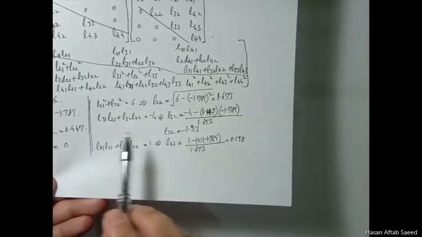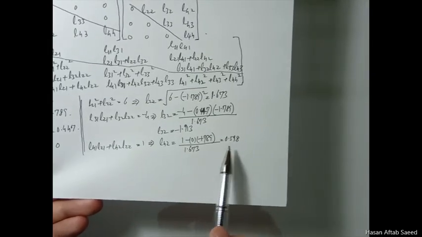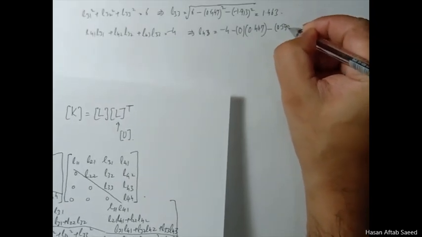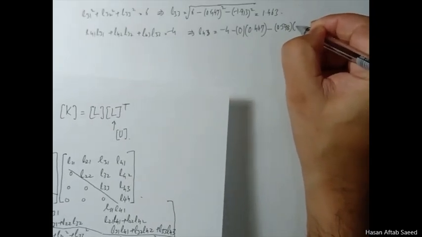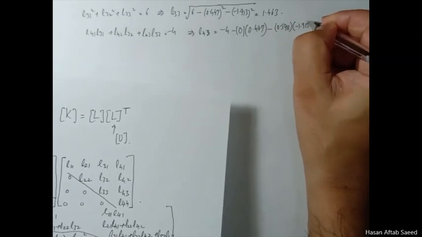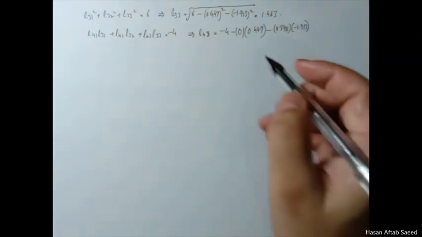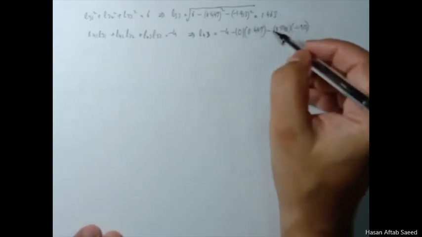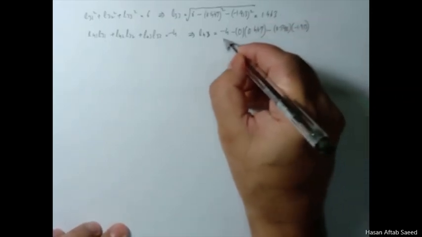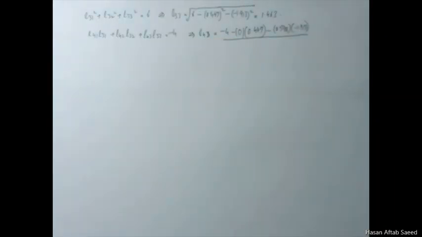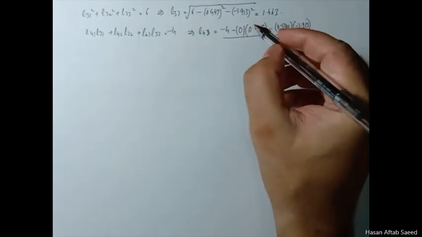Now we have L42 0.598, L32 minus 1.913, divided by L33.